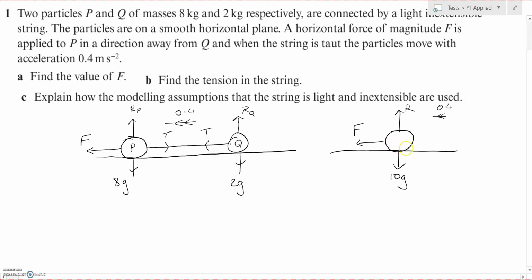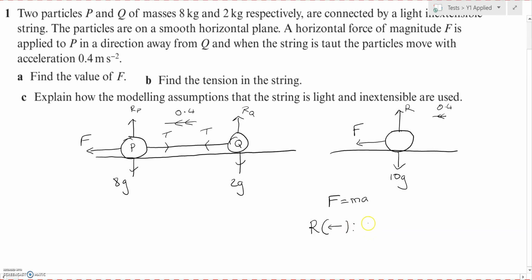Now we can apply Newton's second law, which is F equals ma. Notice in Newton's second law, force is equal to mass times acceleration, and force refers to the net force. The notation we usually use for net force is R for resultant. I'm going to take left as positive because the whole system's moving to the left.